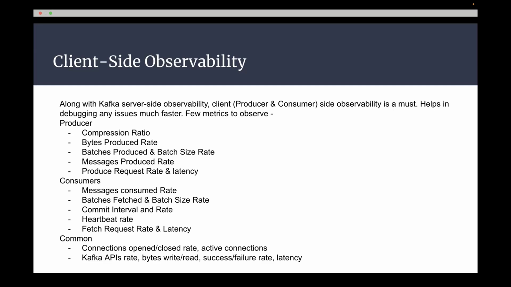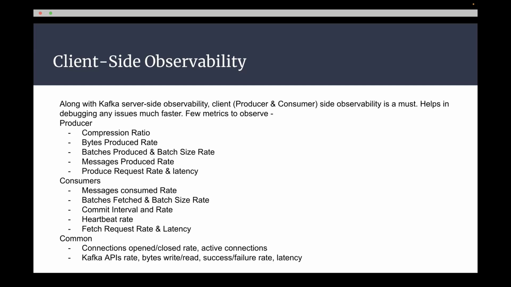One more important metric that I missed is the rebalance rate. If your consumer is getting OOM killed, that is, out of memory, and you're rebalancing too frequently, that also has a very serious impact on production. In seconds or minutes only, you will accumulate millions of lags. That's too bad for a production system.